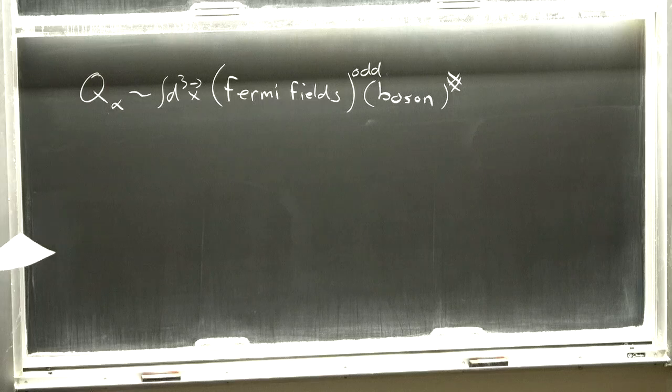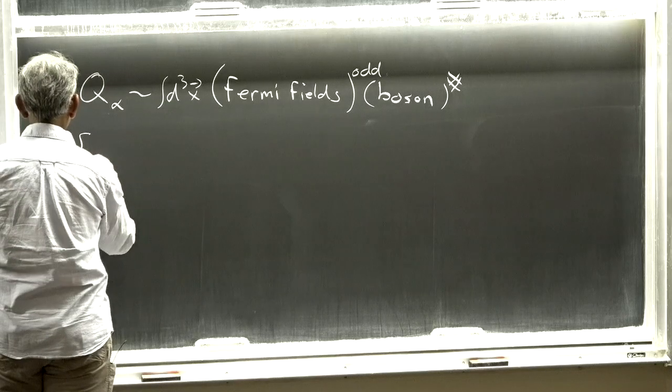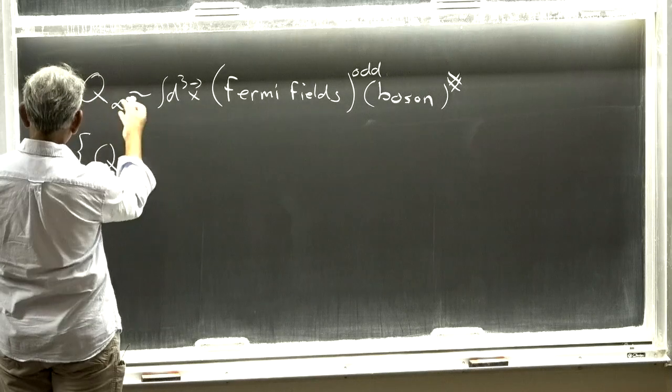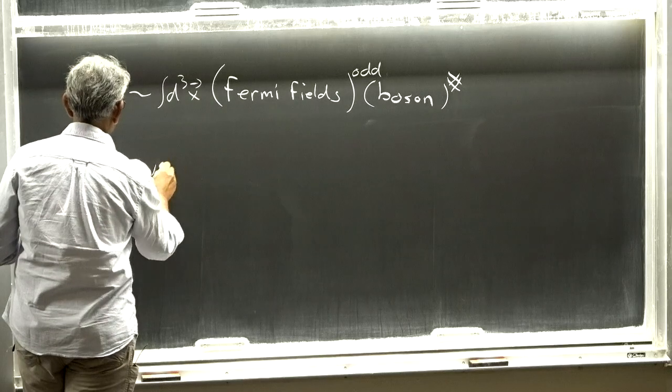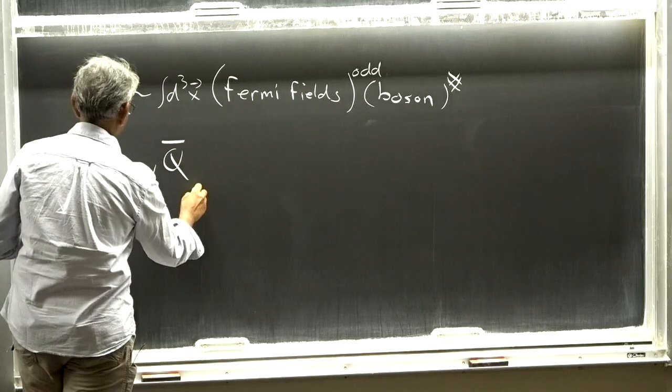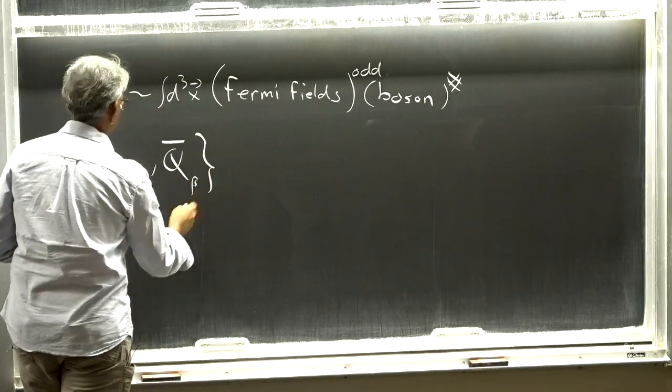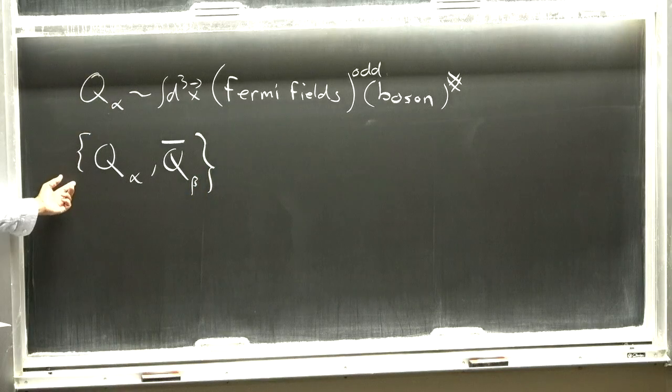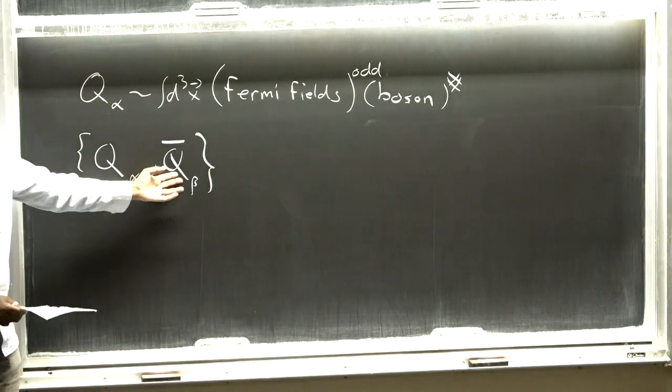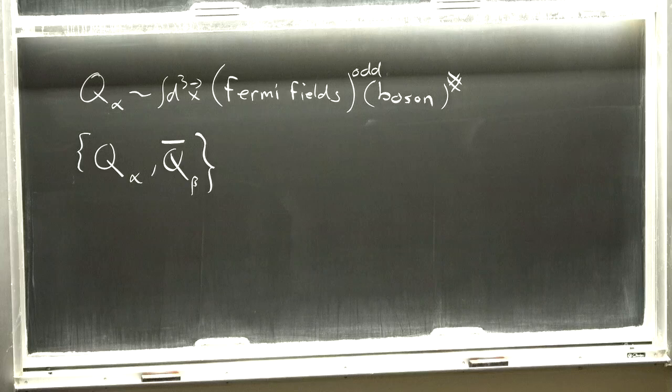Okay. But that means that if you take a product of two of these Qs, in particular, I'm going to start with the most interesting one, the anti-commutator of a Q and a Q bar, okay? Now, at first it seems like I've just taken the product, and that's all that's relevant for what I'm about to say, but it's actually the anti-commutator. What am I saying?